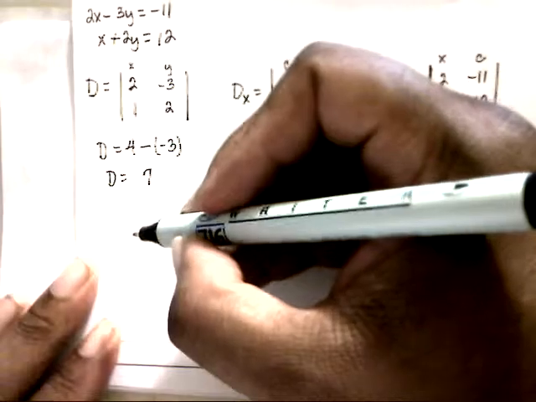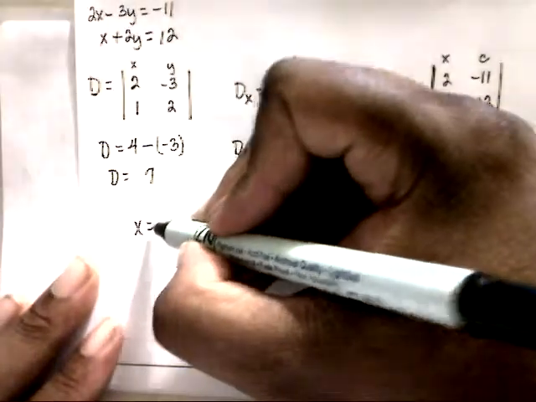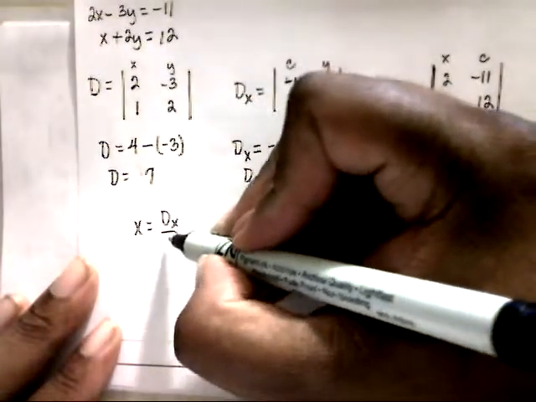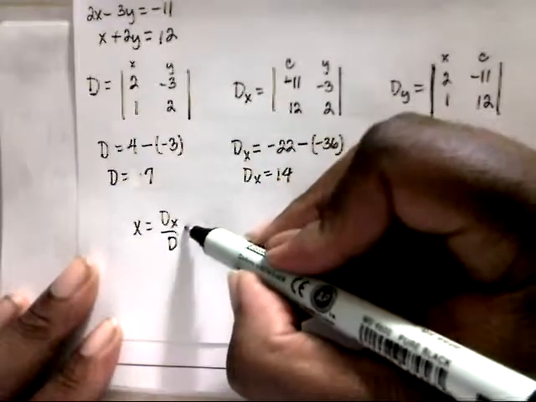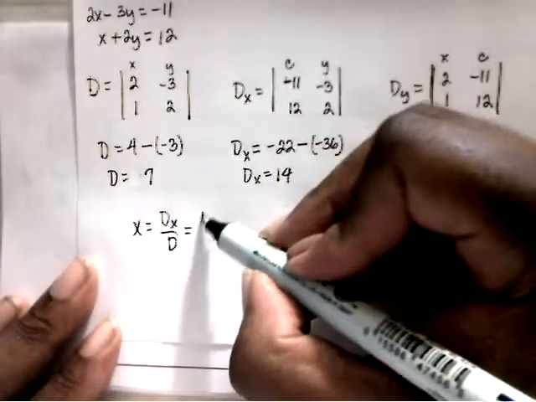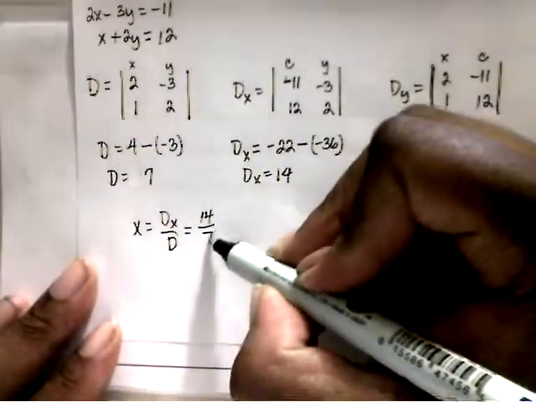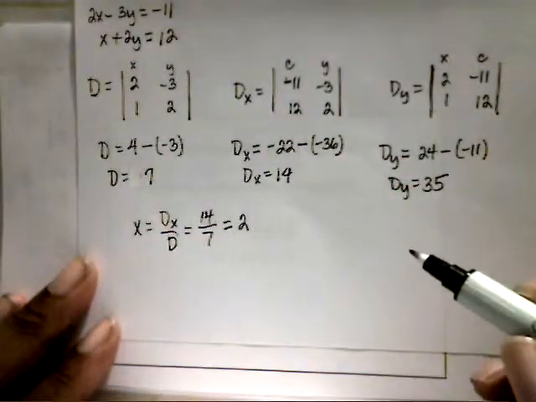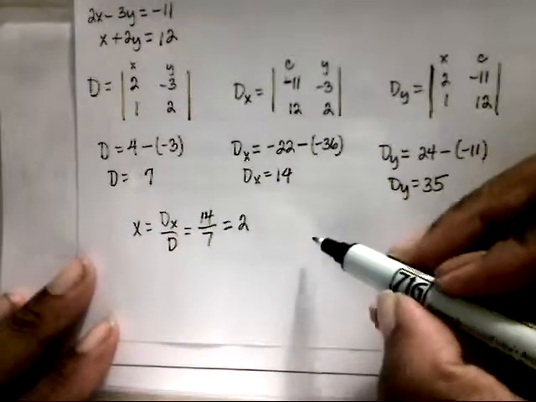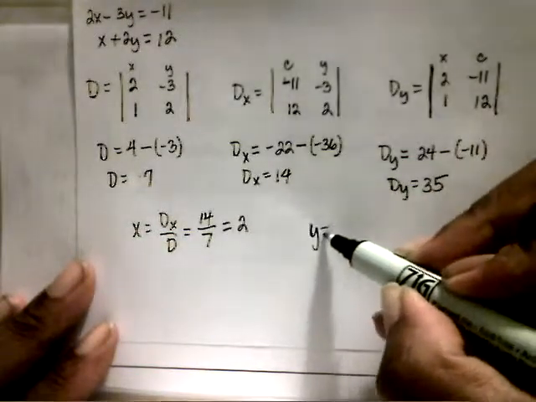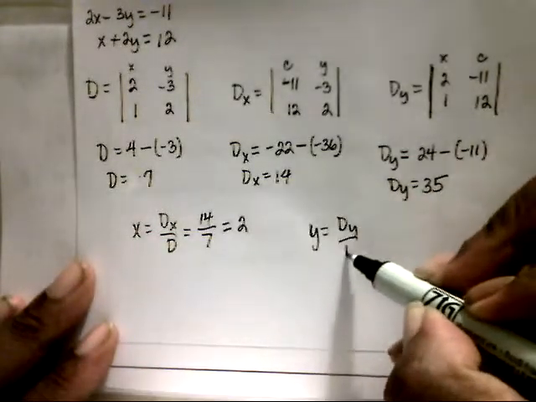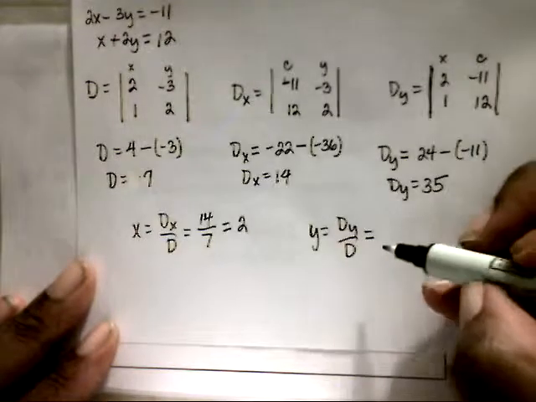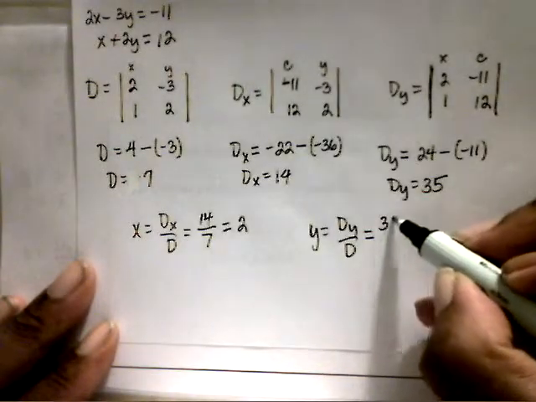And if you recall, x is always d sub x divided by d. And d sub x was 14 divided by your d, which is 7. So 14 divided by 7, that's 2. And then for y, that's d sub y divided by d. In this case, d sub y was 35.